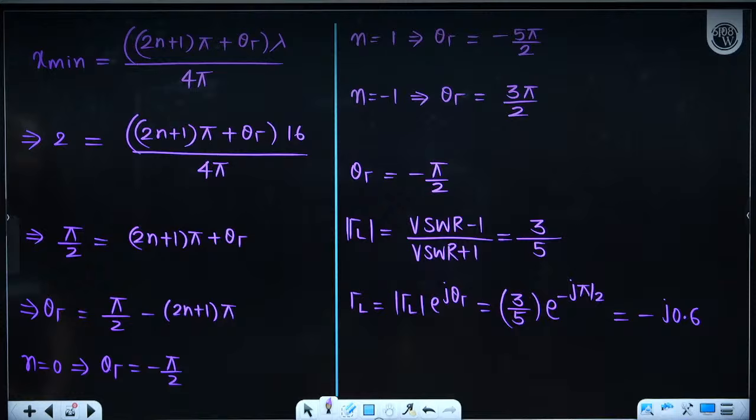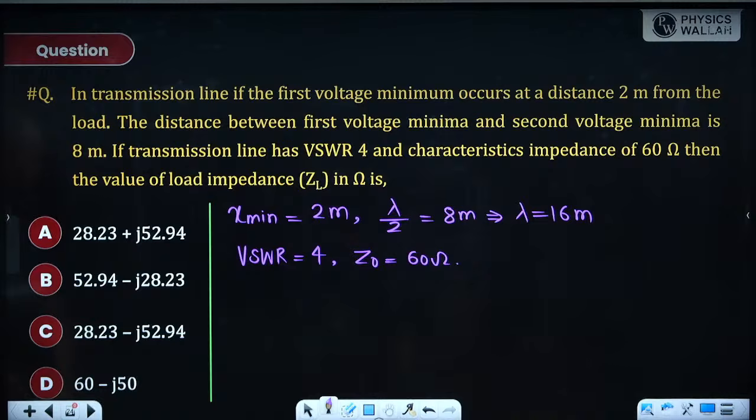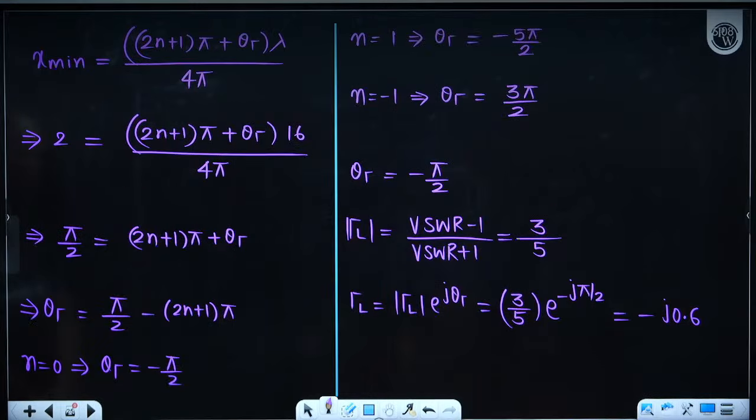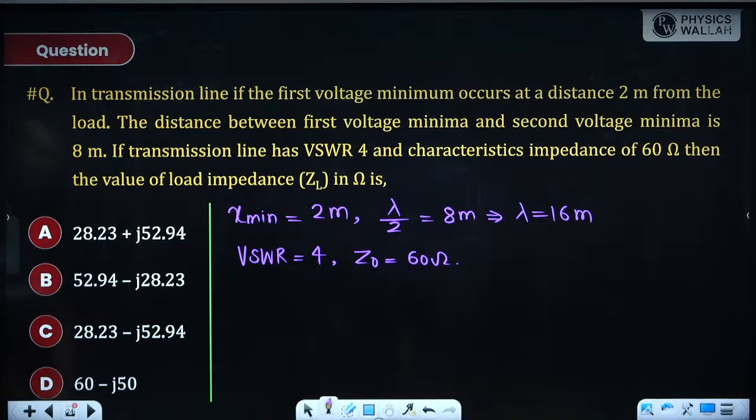Let us check the calculation. Minima. VSWR is 4.